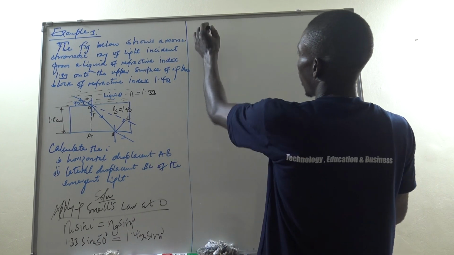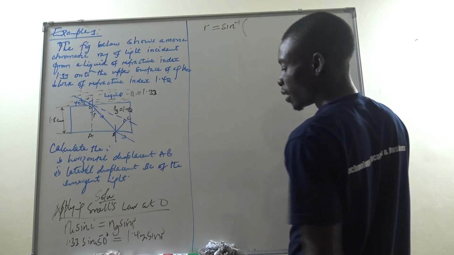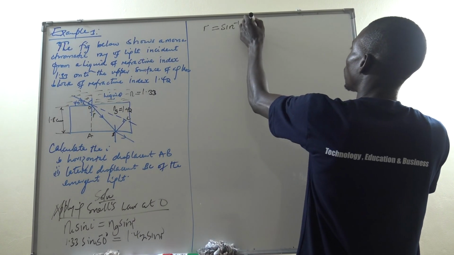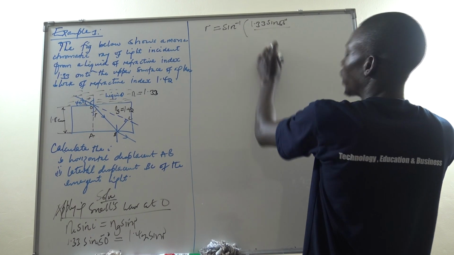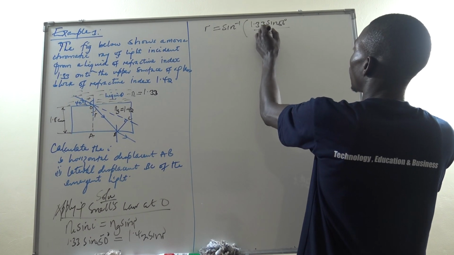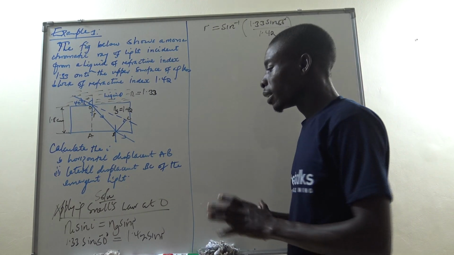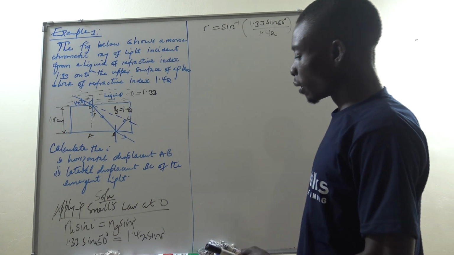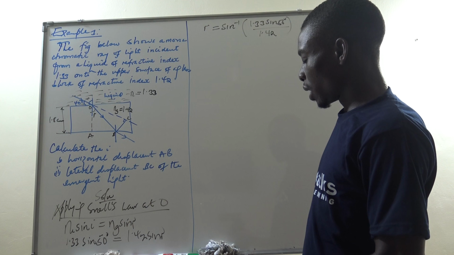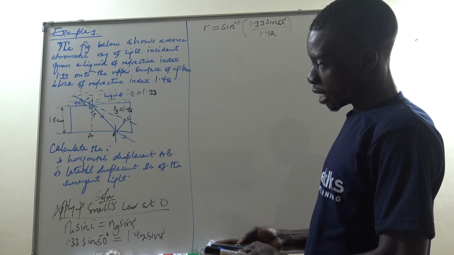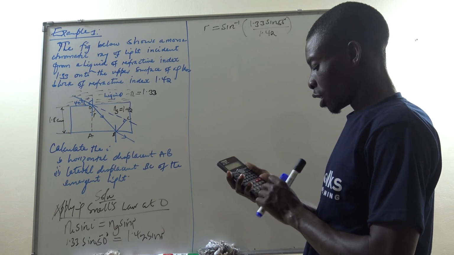So what is my R? My R is the sine inverse of 1.33 sine 50 divided by 1.42. So you can smartly get your calculator and try pressing that: 1.33 sine 50 divided by 1.42, sine inverse.